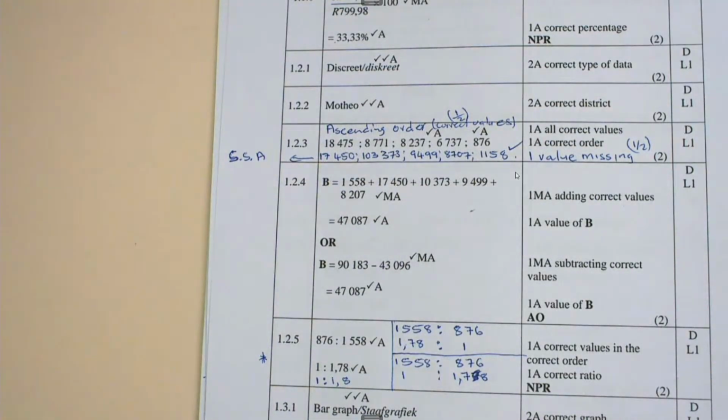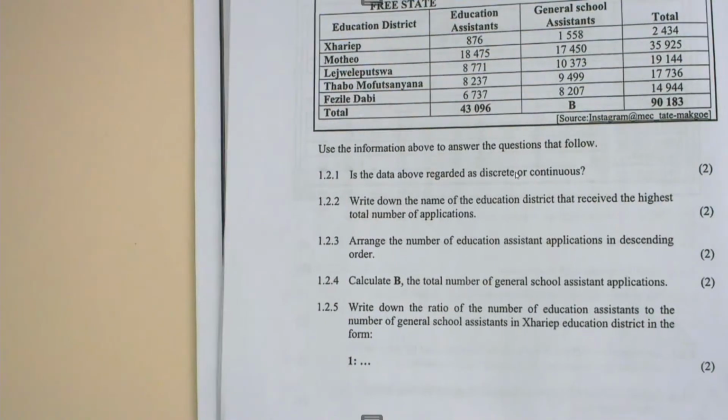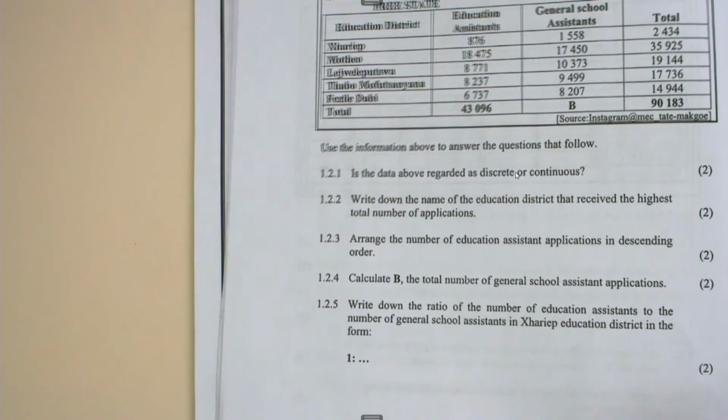Right, we're moving to question 1.2.2. The question was, write down the name of the education district that received the highest total number of applications. Let's look at the memo.